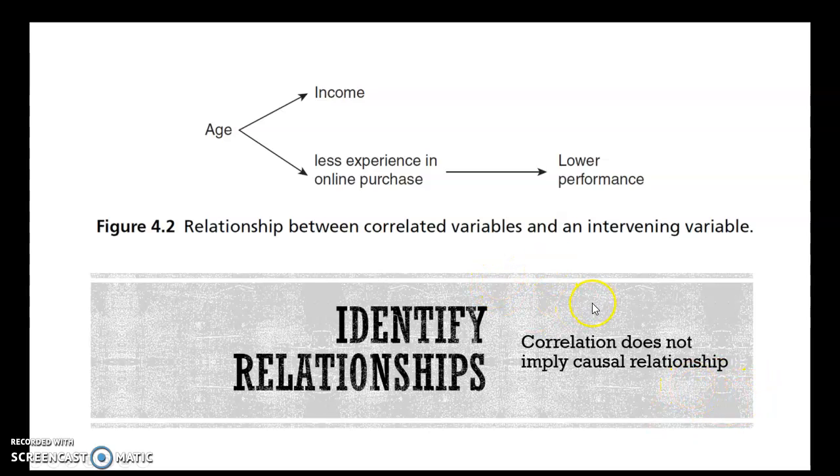One thing we need to pay attention to is that correlation does not imply a causal relationship. What does that mean? There is one example from the book about a set of data showing income is correlated to low performance.